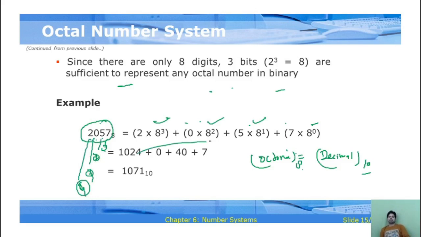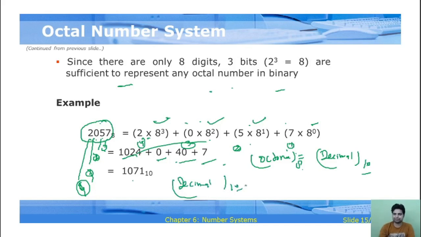So 8 to the power 0 times the first digit, then 8 to the power 1 times the second digit, then 8 to the power 2 times the third, then 8 to the power 3 times the fourth. This gives 7, then 40, 0, 1024, and the total sum is 1071. And what is this? Decimal. So this is the simpler form of how we convert from octal to decimal.